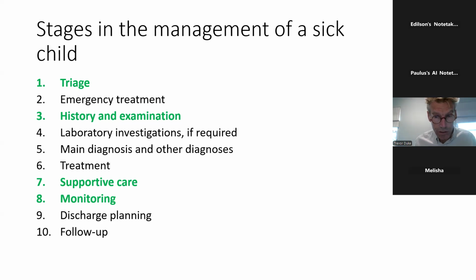When we're providing supportive care, that's really the mainstay of management of the deteriorating child, be it intensive care or providing oxygen or intravenous fluids or many things. And then with monitoring, it's fundamentally important that we have a system of monitoring that detects deterioration.